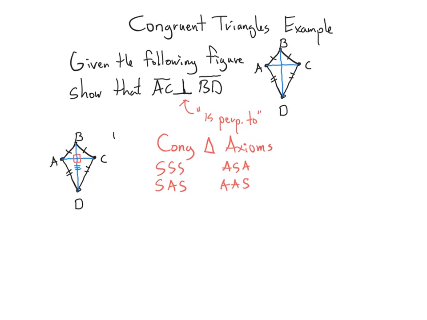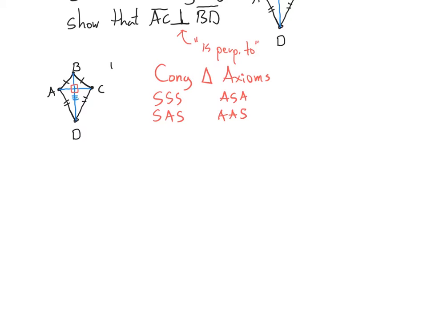So let's write down what we're going to do. Our skeleton is that we're going to use side, side, side to show that triangle ABD is congruent to triangle CBD.